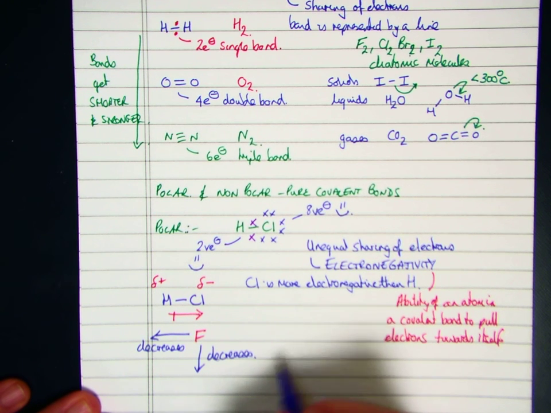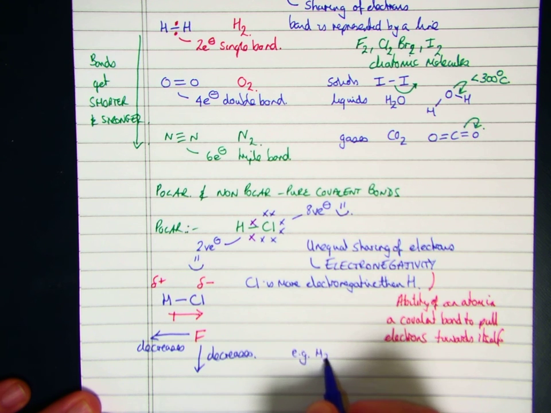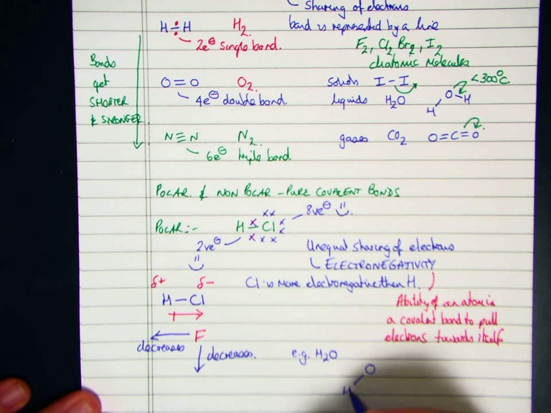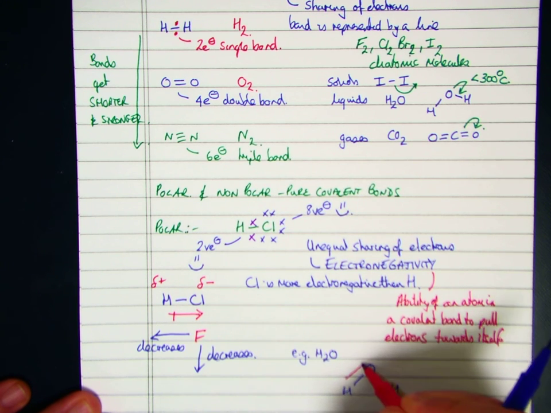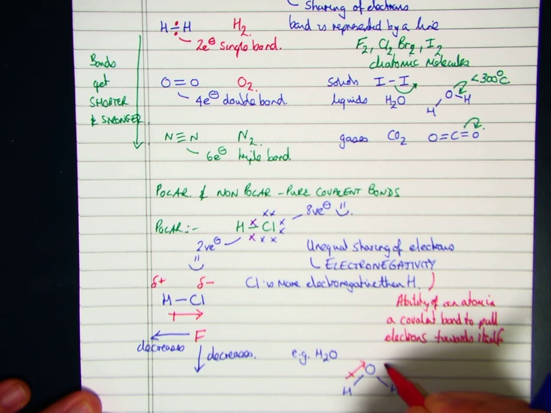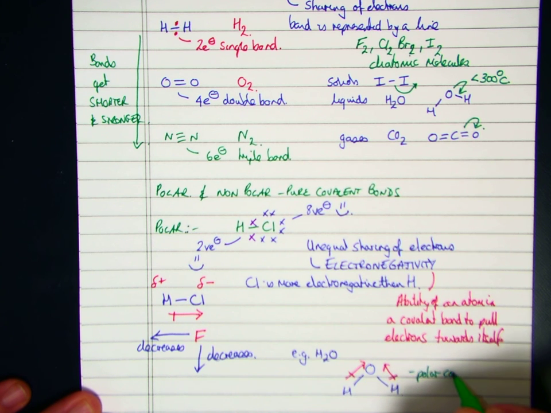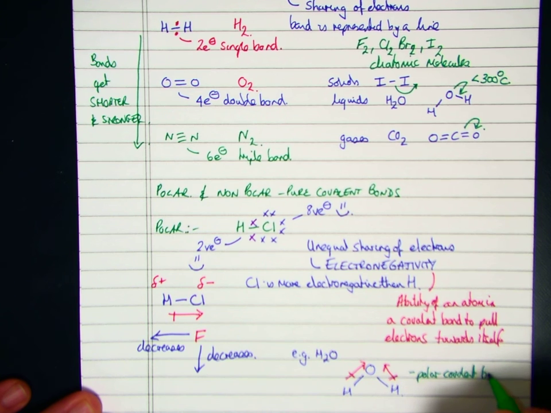So if we take an example such as water, okay, we can see that the oxygen is bonded to the hydrogens. We know oxygen, if we look at our periodic table, is more electronegative than the hydrogens, so the electrons are moving this way, and so overall we can see that we have polar covalent bonds.